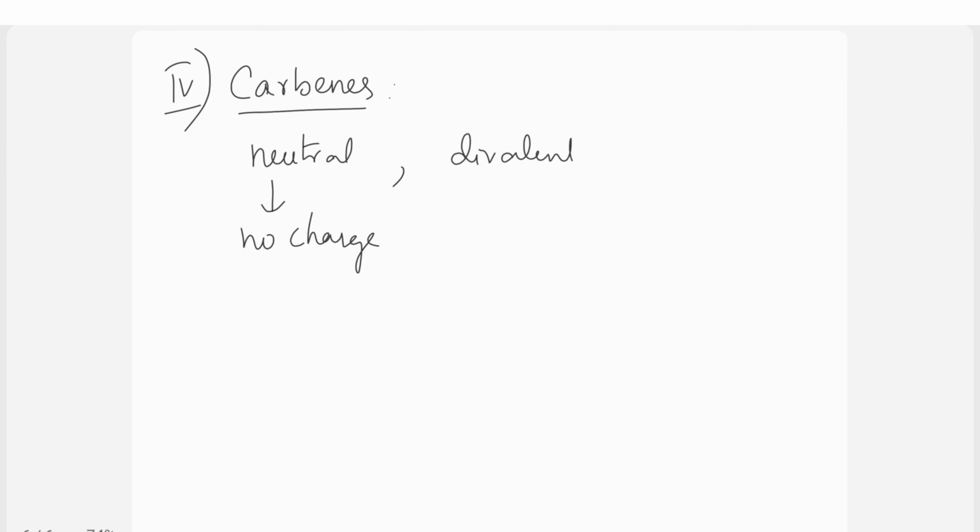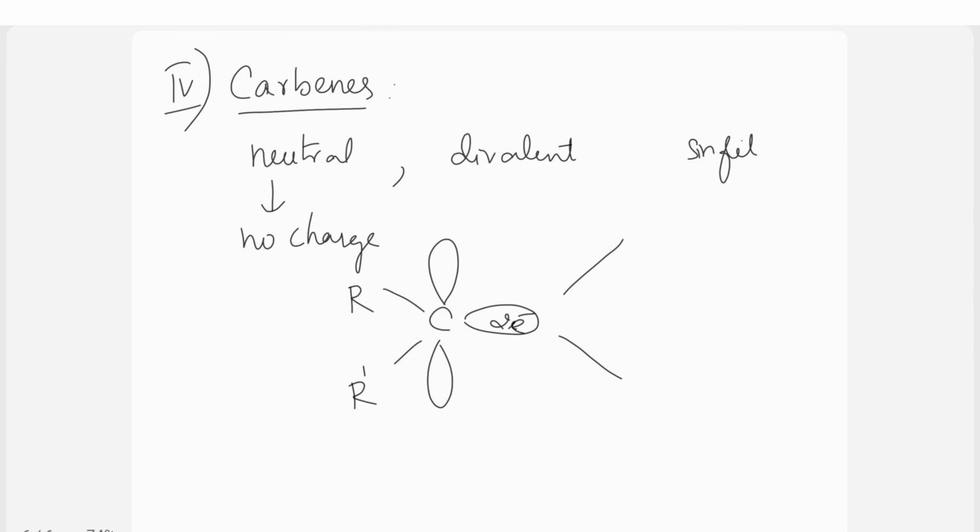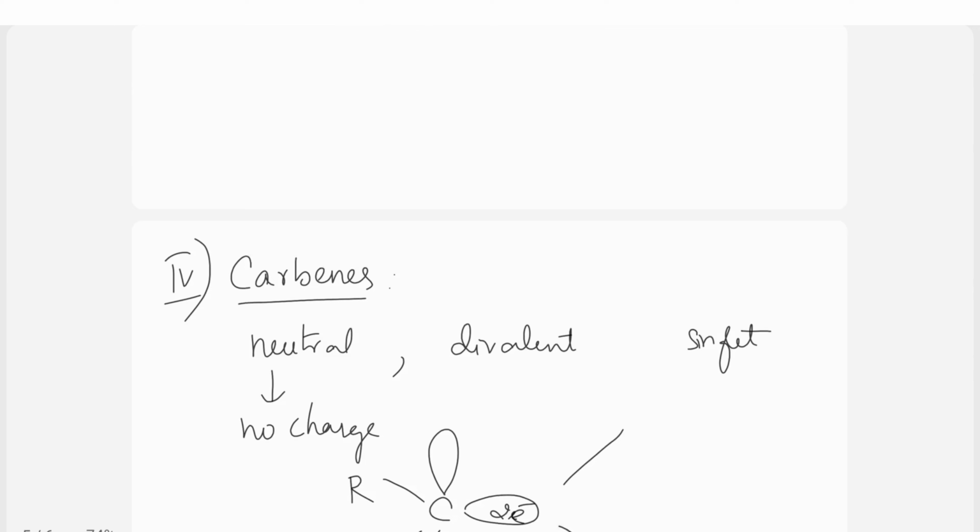That means they are bonded to two other groups at a time, in which the carbon is bonded to two atoms, let's say R and R', and has two non-bonding orbitals that contain two electrons. Now this carbene can have two different kinds of arrangements, and we call them either singlet or triplet. So when do we call them singlet and when do we call them triplet?